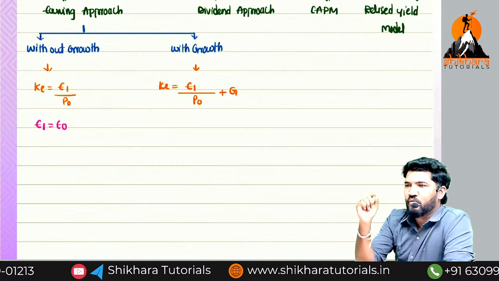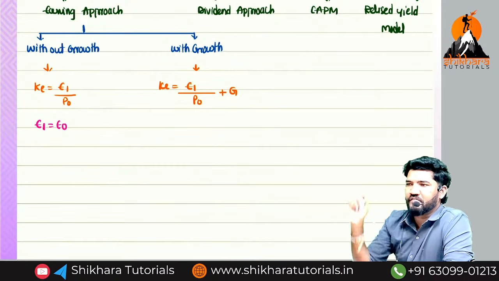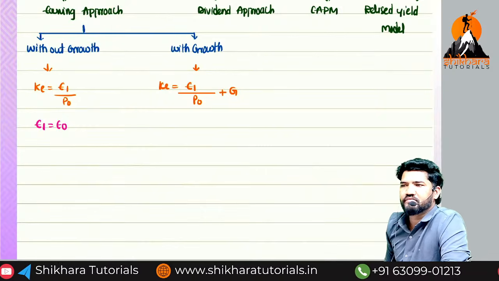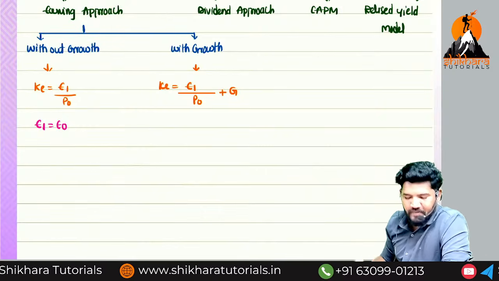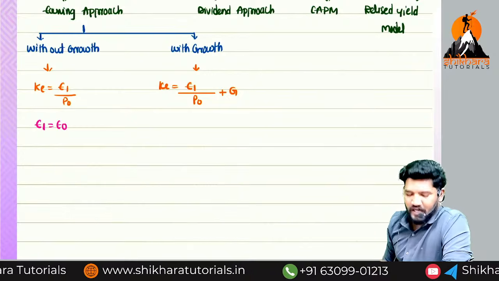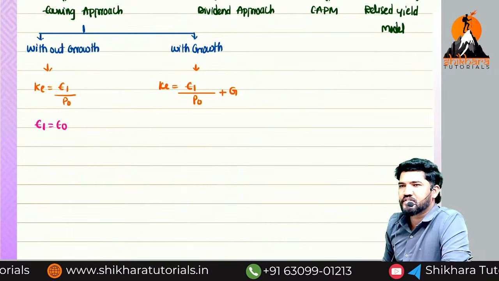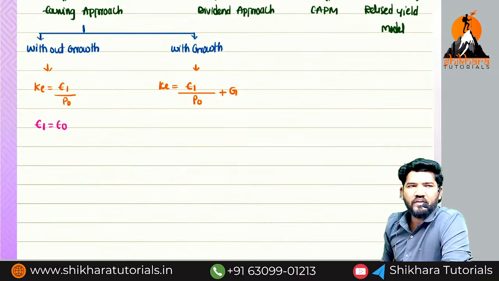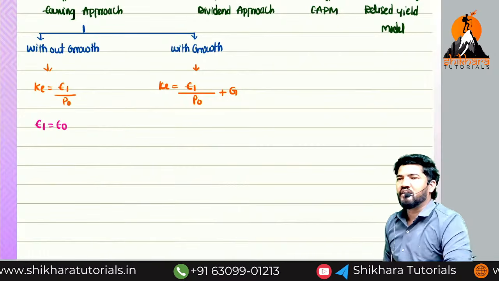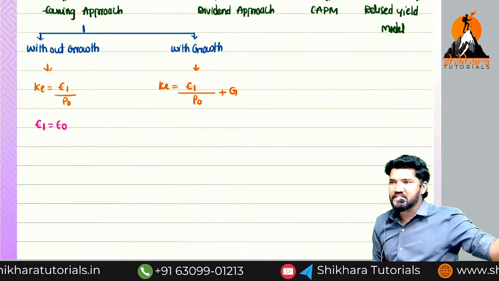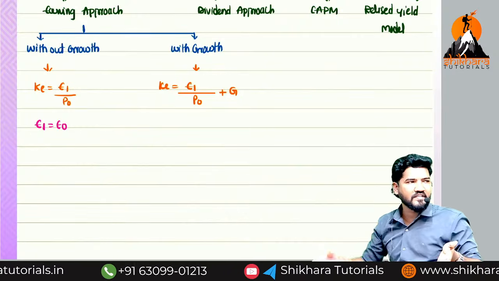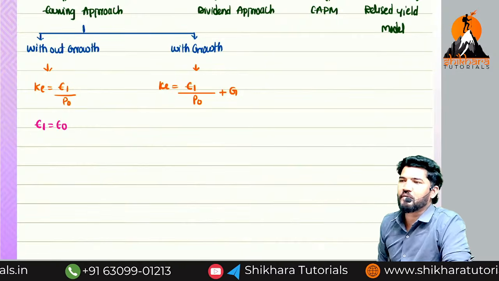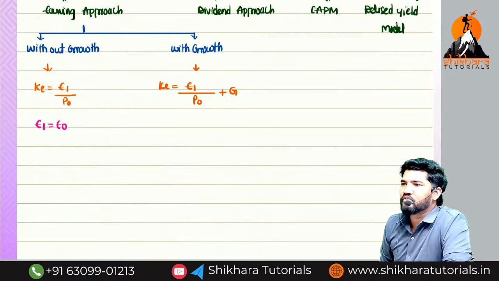Always here we are using one share, one debenture, one preference share, because you will get the same answer. So E represents EPS. Now E1 equals E0. Why? There is no growth, which means the EPS 10 years back, last year, this year and next year is the same amount only.